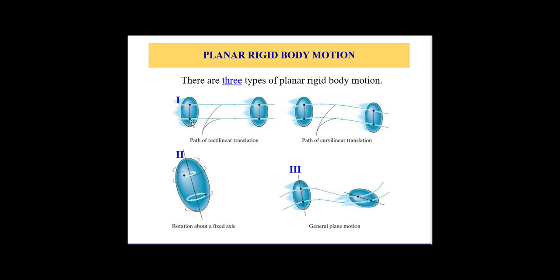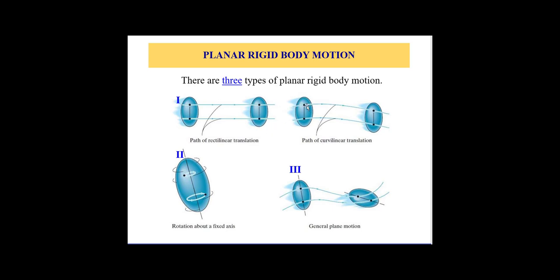For example, if we map the path of points A and B, we'll find that the paths of A and B are always parallel with respect to each other, because the body is translating in a rectilinear, or linear, motion.